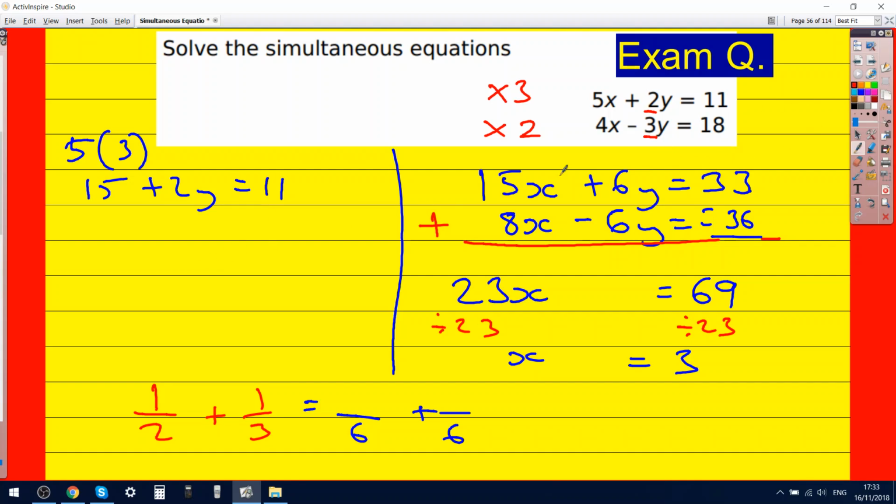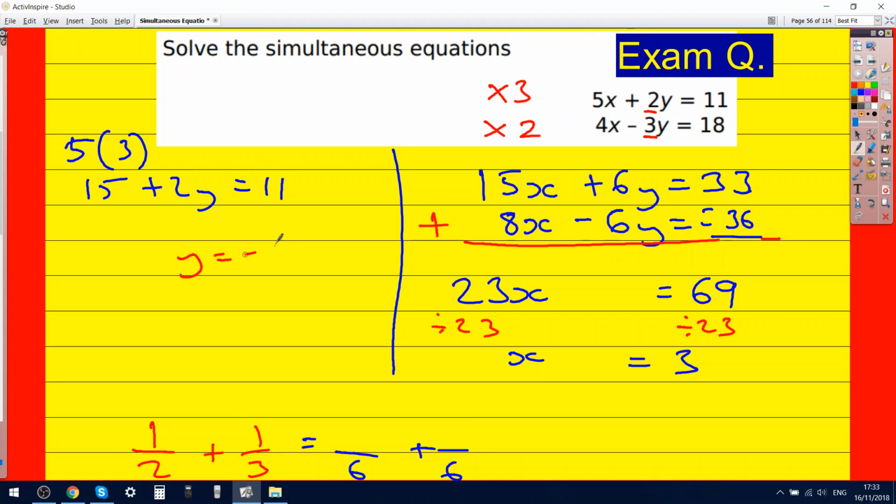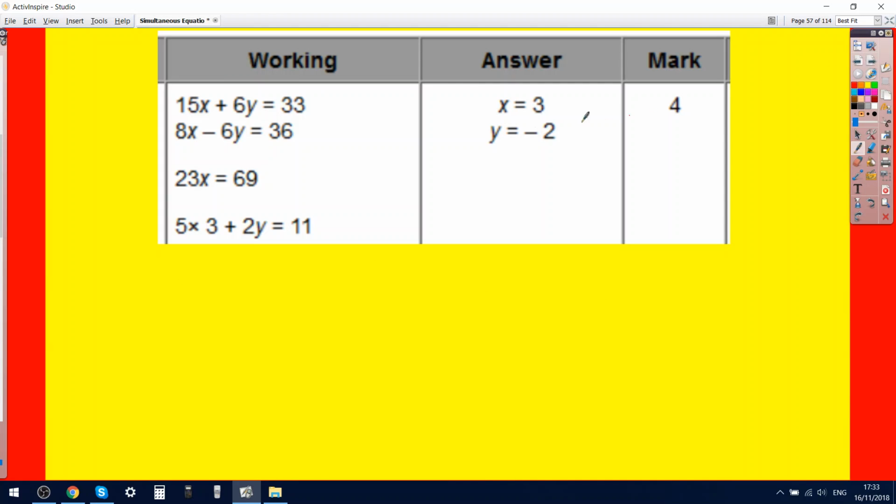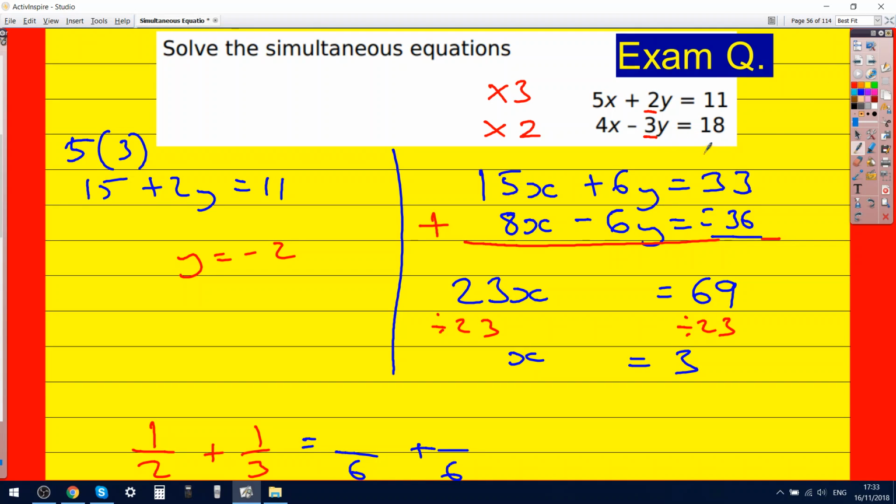So y must be minus 2. Any questions there? No. Okay, so y equals minus 2, x equals 3. That's a 4 marker because you had to change 2.